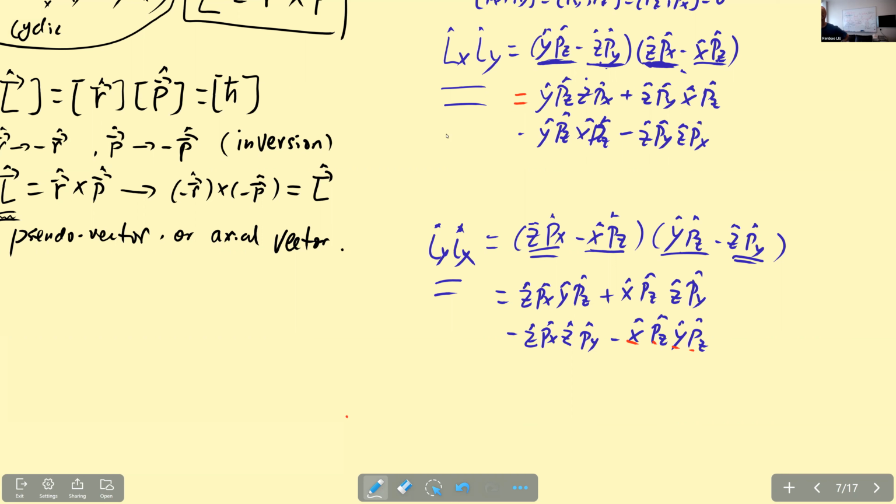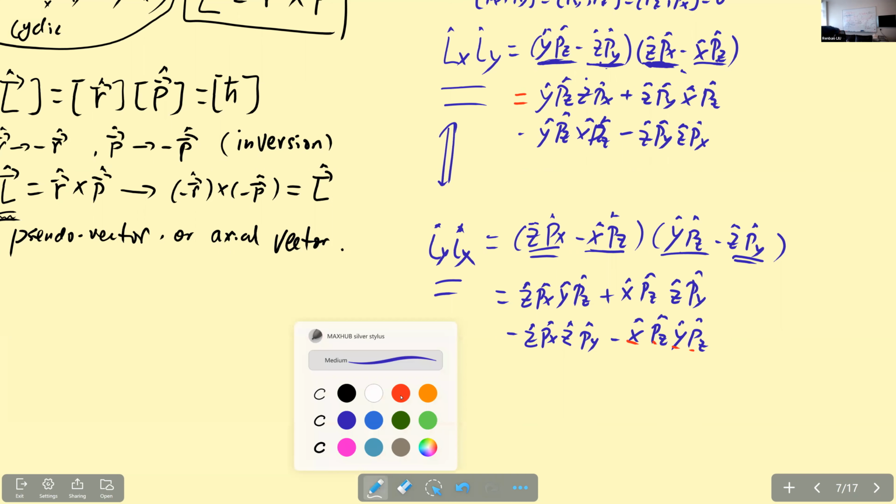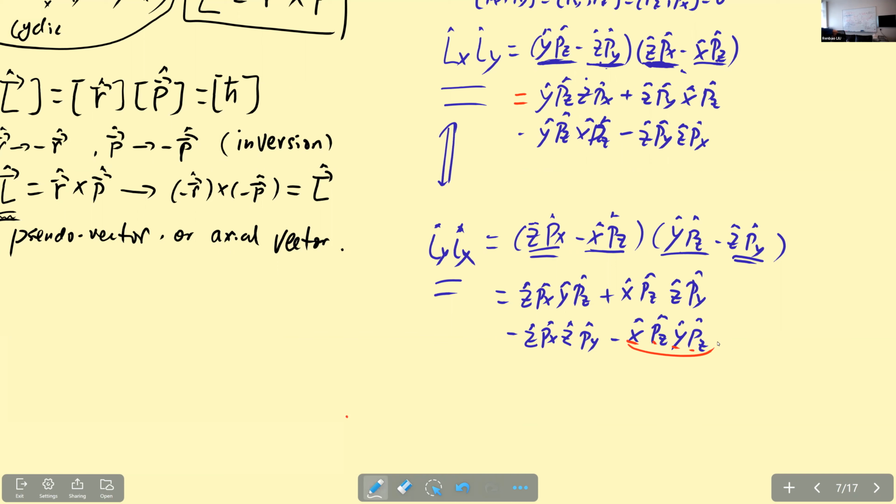Okay, so if you compare these two terms, you can see that this term is the same as this term, right? Because all the terms here commute, and this term is the same as this term, so they will cancel, okay?